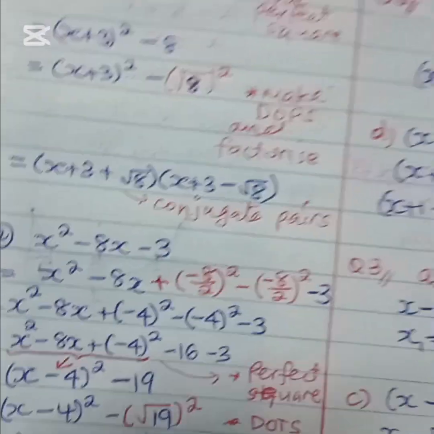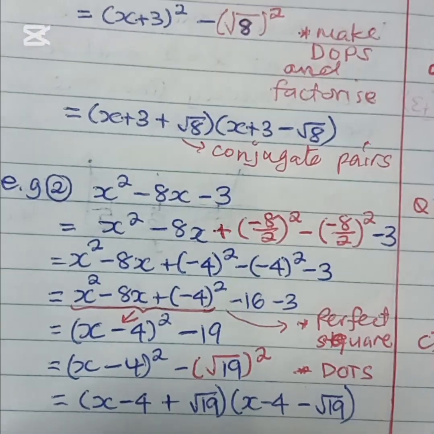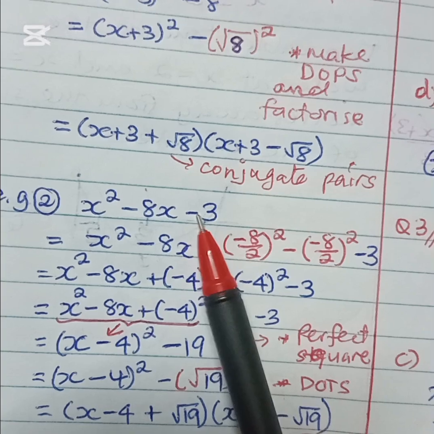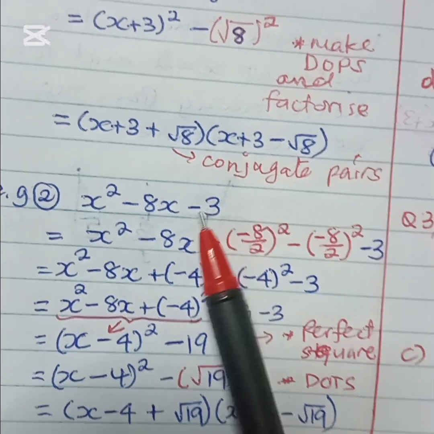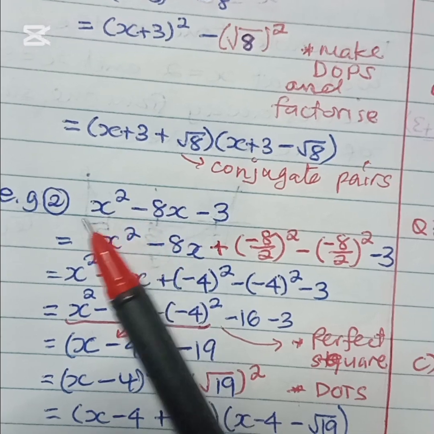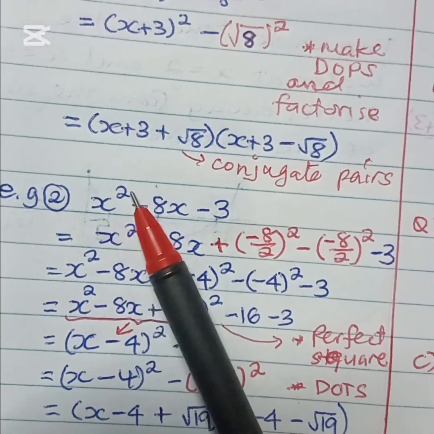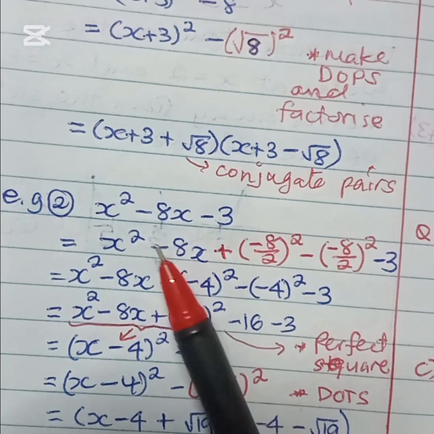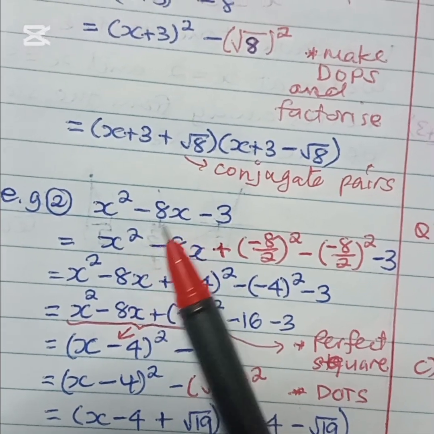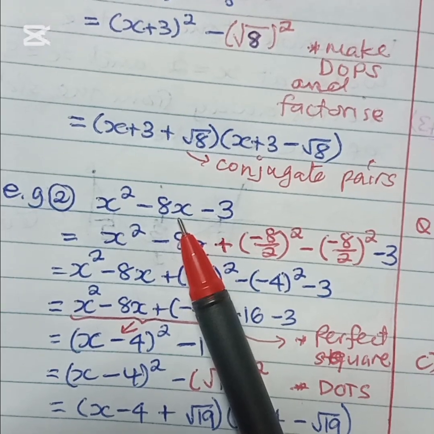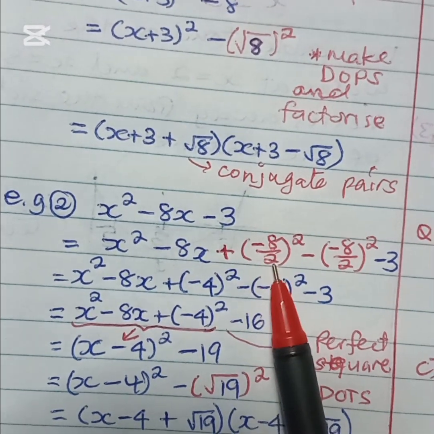Let's see the second one. Here we have x squared minus 8x minus 3. Now take note, you can only do this completion of squares when the first term is a square number like x squared. So to complete the square, we get the b, we half it.